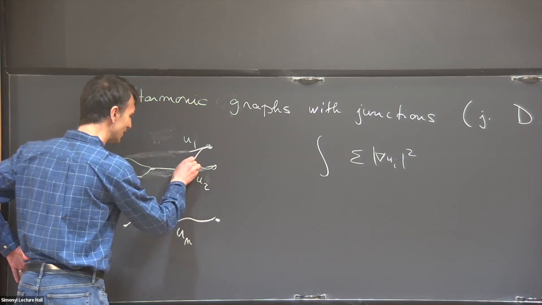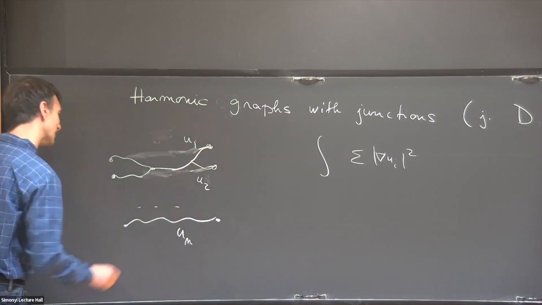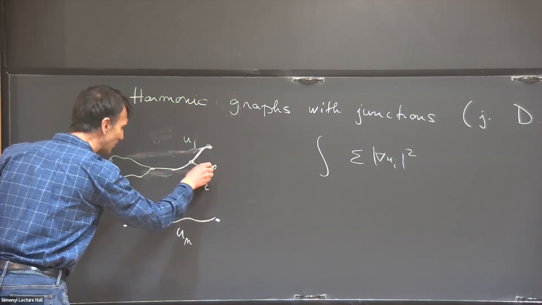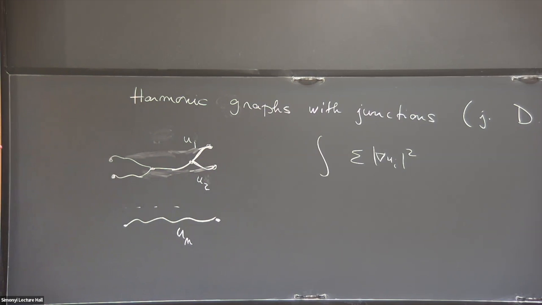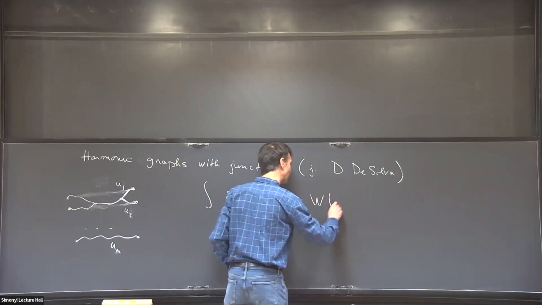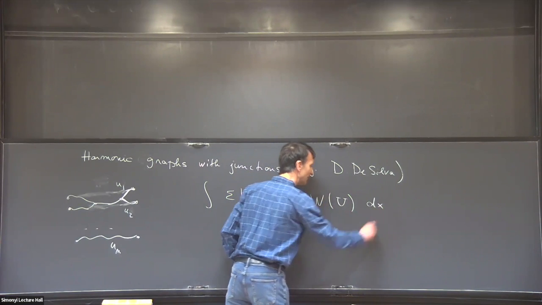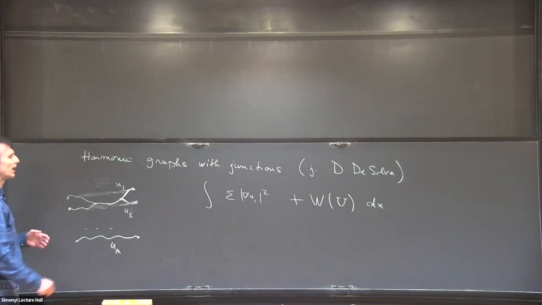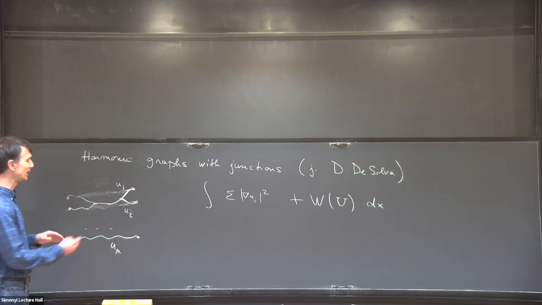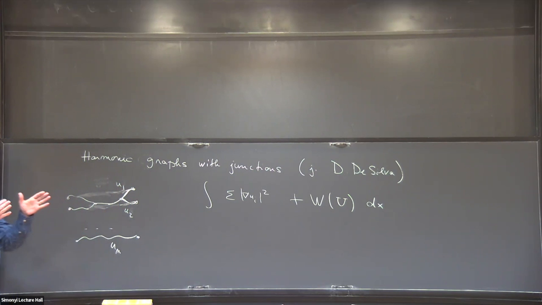So I want them to be harmonic on each component, but from time to time to have these junctions. So I want to add a potential term, which I denote by W of U. If I want them to be harmonic, I want this W of U to be constant on these pieces, but maybe change values to a lower value whenever two graphs coincide.